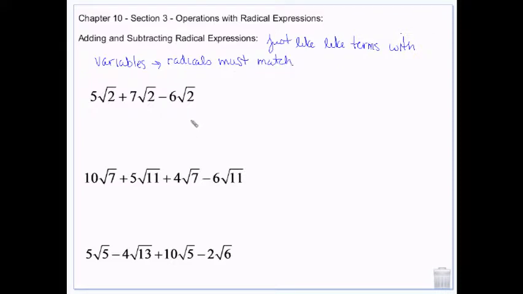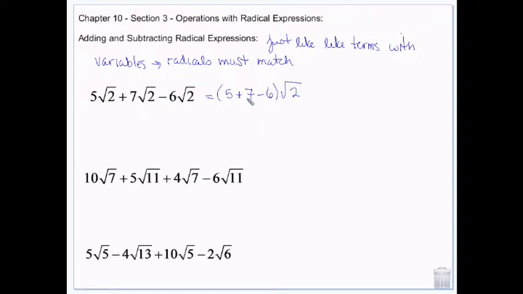Okay, so if we look at the first radicals, the radicand is just the number underneath. These are all root 2, correct? So what I do is I take those numbers that go in the front and actually add and subtract them.